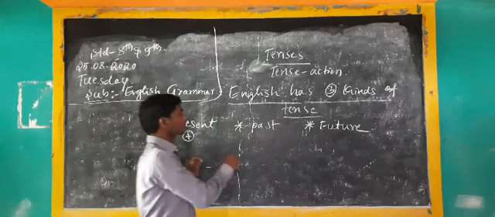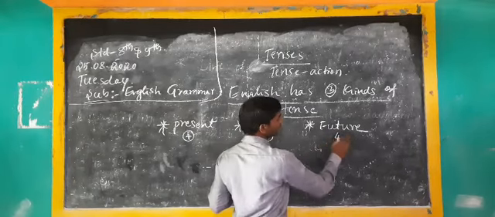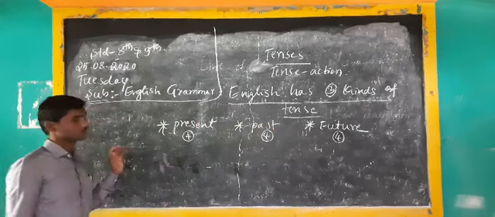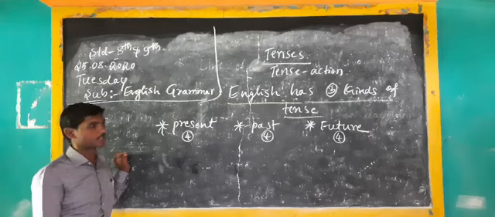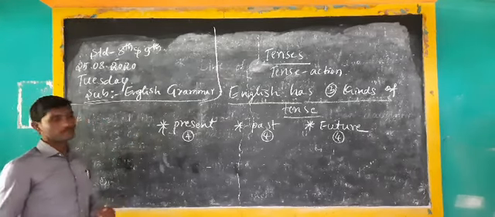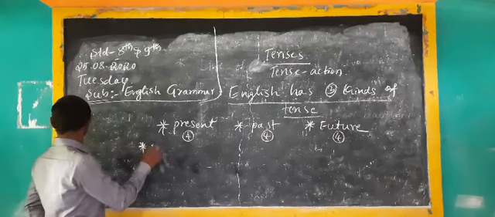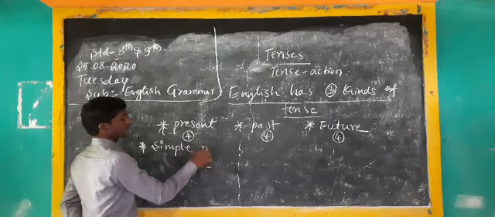Present tense has four subtenses, past tense has four subtenses, future tense also has four subtenses. In this manner, we have to understand which are the four subtenses. The very first one we have to observe here, simple present tense.